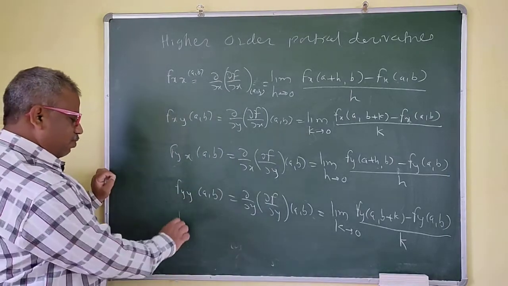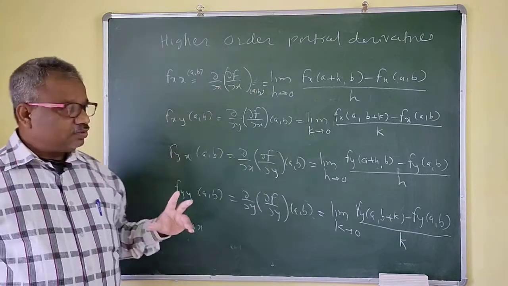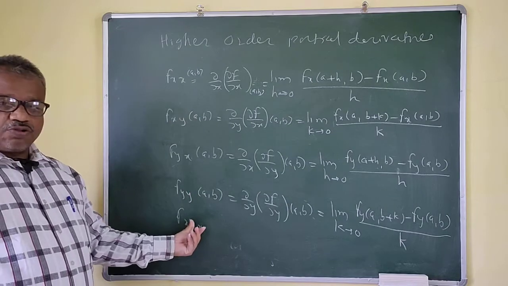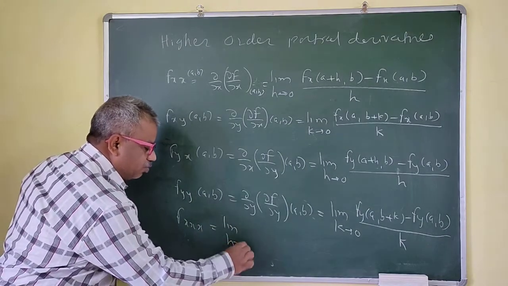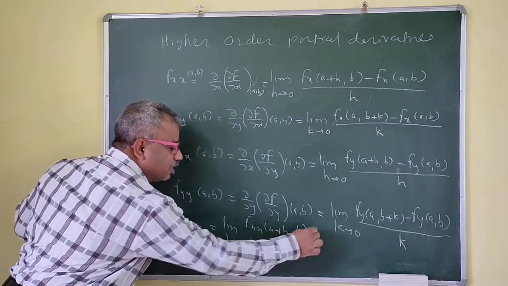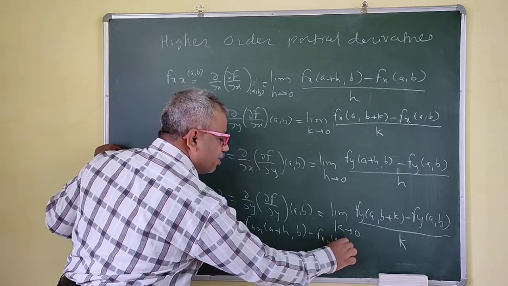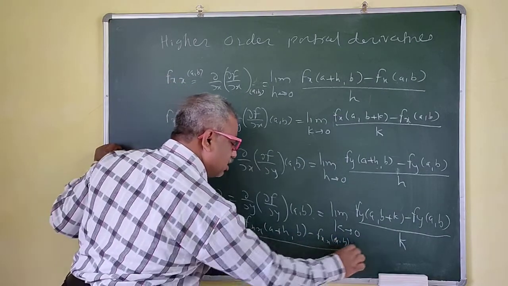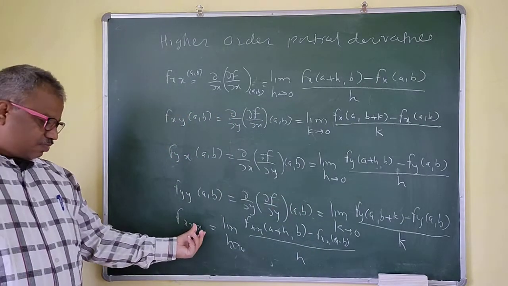Similarly you can write fxx. This is your formula. So for fxx you have to differentiate this: the limit as h tends to 0 of fxx(a plus h, b) minus fxx(a, b) upon h. We are not interested in this formula, but just we will write this. We are differentiating fxx with respect to x.